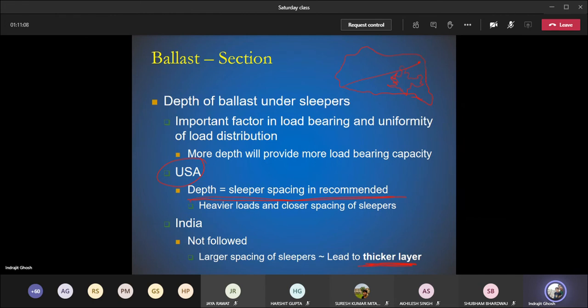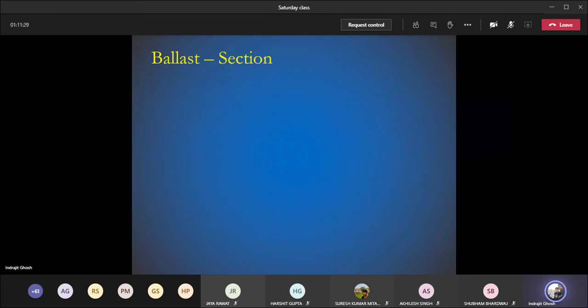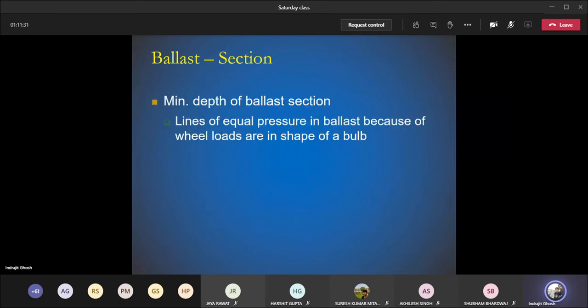So that's why we do not follow the thumb rule, the rule which exists in the United States, that depth is equal to sleeper spacing. In case of the United States it is possible because their sleeper spacing is comparatively less. That's why they can easily go for lower depth. But in case of India, it is not possible. So we do not do it. So what do we do? We have a formula.